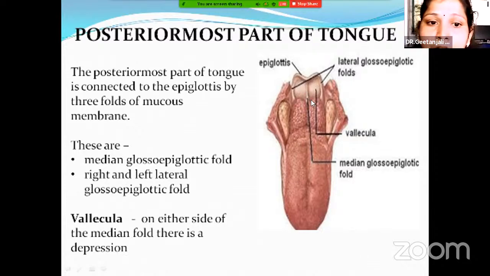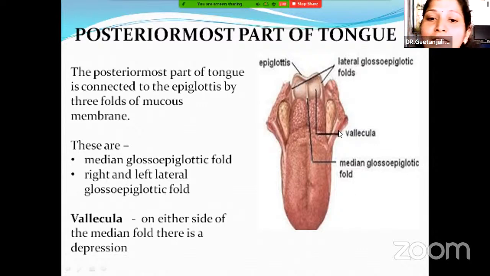This is the posterior most part and this is the epiglottis, and see here, this is one fold and two lateral folds. There are three folds: one is the median glossoepiglottic fold and two lateral glossoepiglottic folds. Glosso is the word for the tongue and epiglottic for the epiglottis.